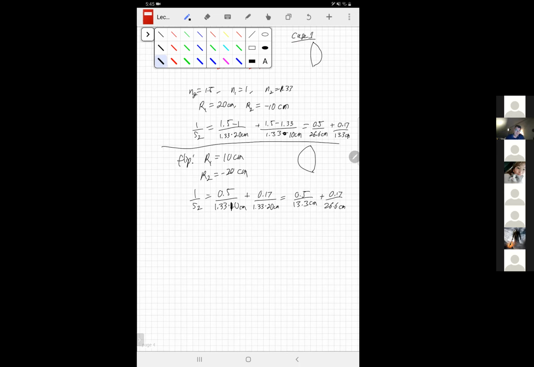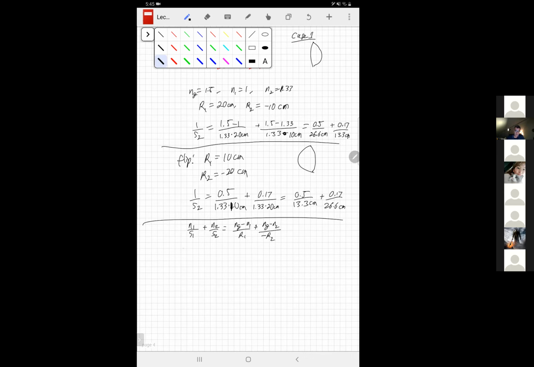But here's something else to notice. What if we had flipped it, sent the light in from the other side? So we got N1 over S1 plus N2 over S2 equals this whole combination of indices and curvatures. This is just some number.